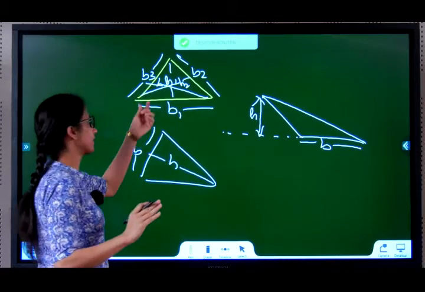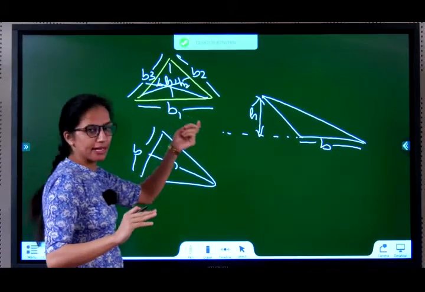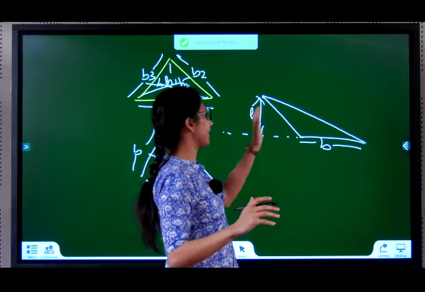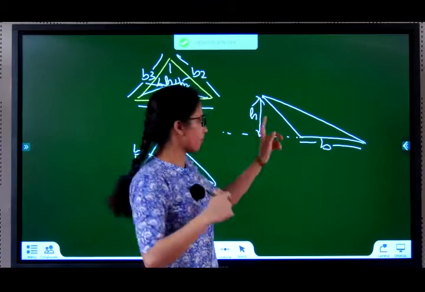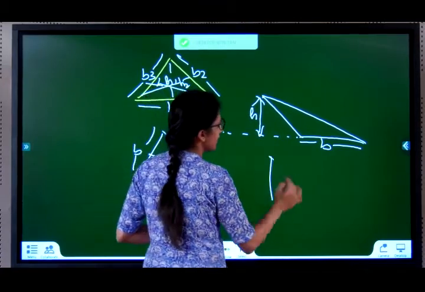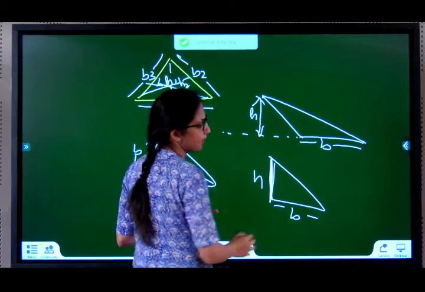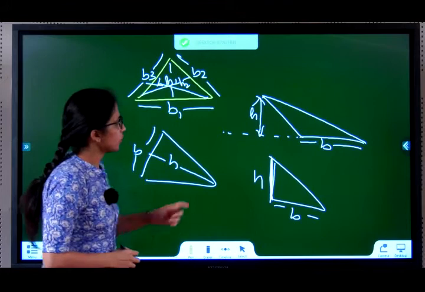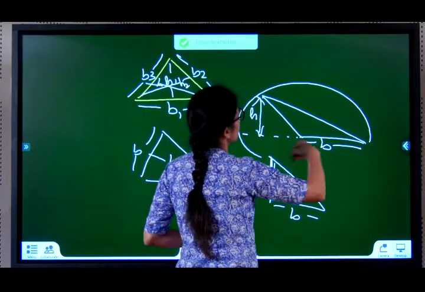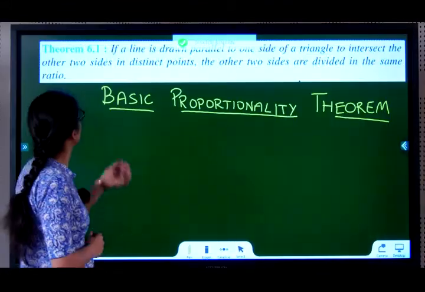For an acute triangle, heights always lie inside. For an obtuse, one of the heights lies outside. Is it possible? Yes, it's possible. We just saw. For a right angle triangle, the side itself becomes the height. Okay. So this case I will be using while doing the next concept.